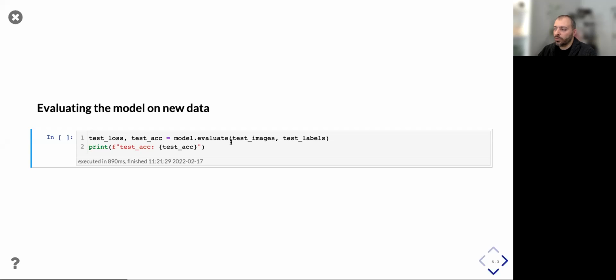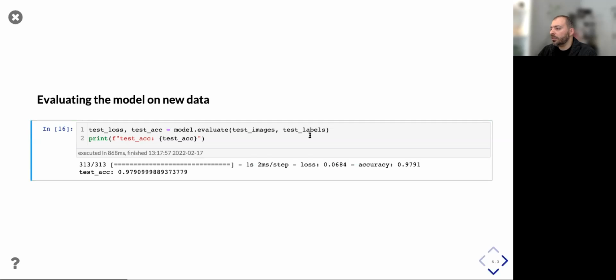In our case, we have only one metric, the accuracy. We pass 2 arguments. The first one is the inputs, and the second is the targets. We need, in this case, the targets. We didn't need them in the prediction because we might not have them, but for evaluation, we need to know what the correct answer is, right? So by running this, we can see that it evaluates, and the output is 97.9%, almost 98%, which is pretty good again.